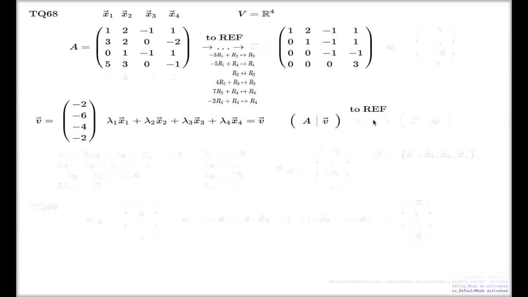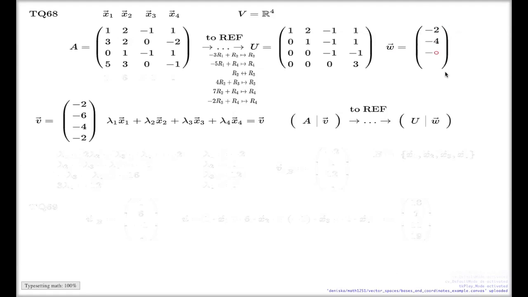if I take this to the row echelon form, with the same set of operations, on the left-hand side, if I call this matrix U, it will be the U matrix. On the right-hand side it will be some vector, and my computer algebra system told me that the vector will be W like this: -2, -4, 16, and 12.